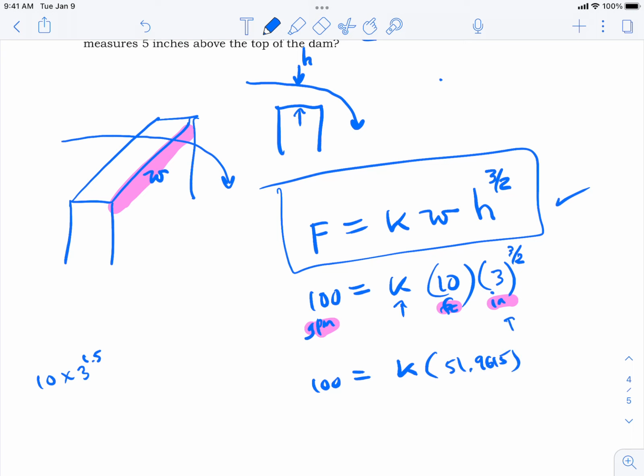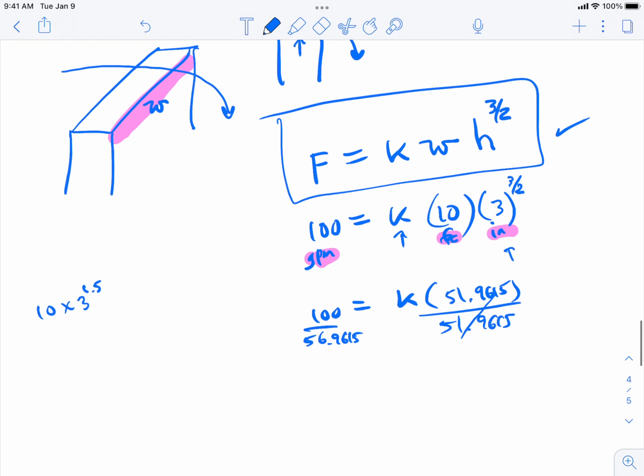Okay, cool. So you see that basically what I got to do now is divide both sides of this equation by the 51.9615. I would suggest that you not copy the 51.9615 on your paper or anything, but just have that number staring in front of you on your calculator right now.